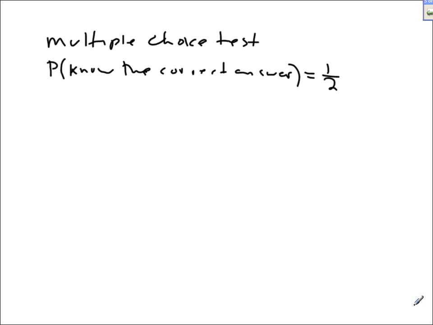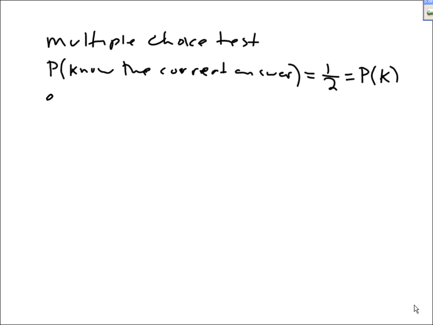I mean, in theory, you can know the correct answer, but for one reason or another, you might choose to fail this test and not put it down. And I am going to denote this as P of K. K means you know the correct answer.